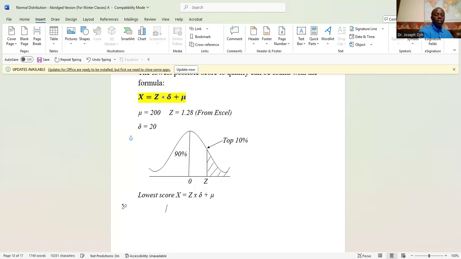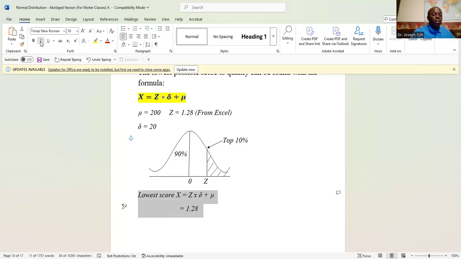So Z is 1.28, times 20, plus the mean of 200. Let me write this down: 1.28 times 20 plus 200. You can put this in a calculator if you like.